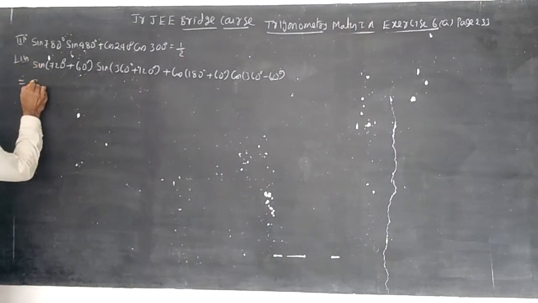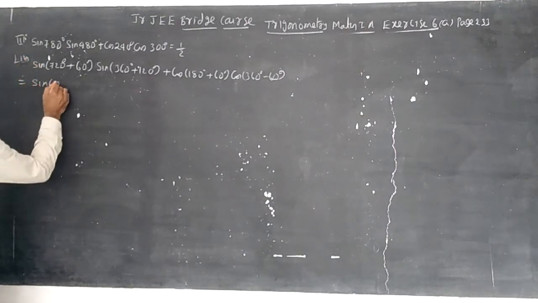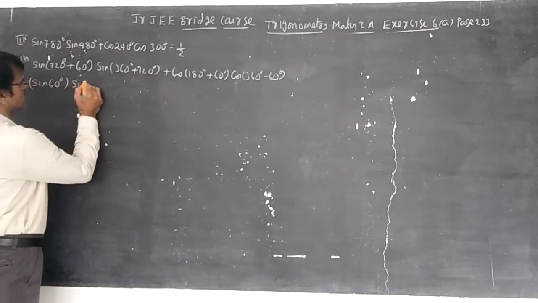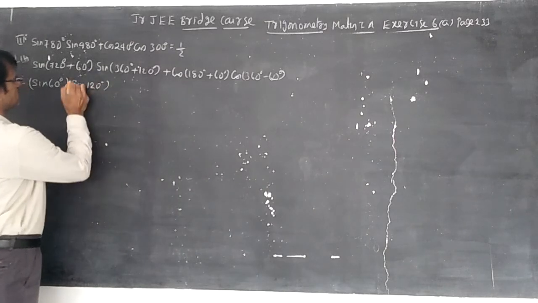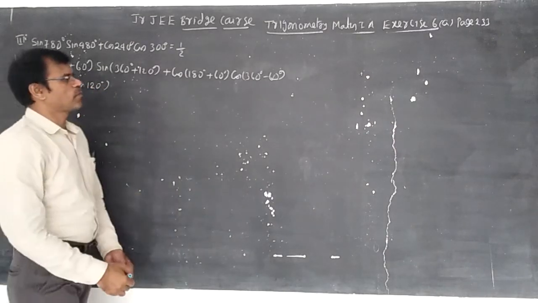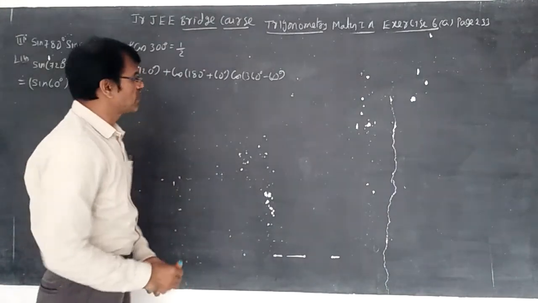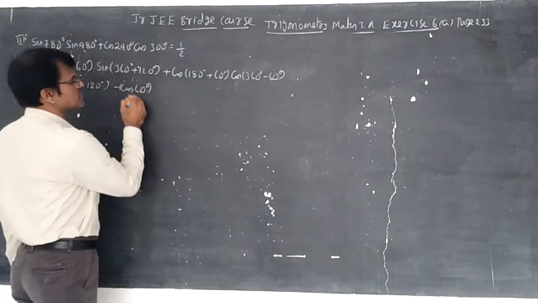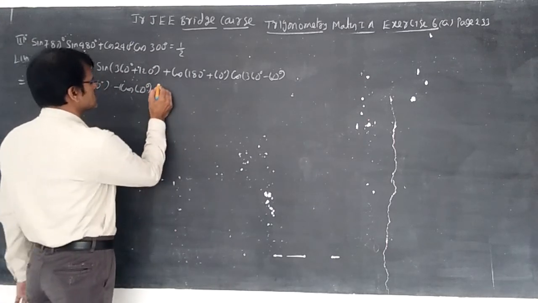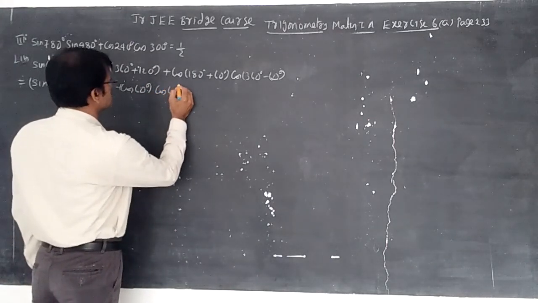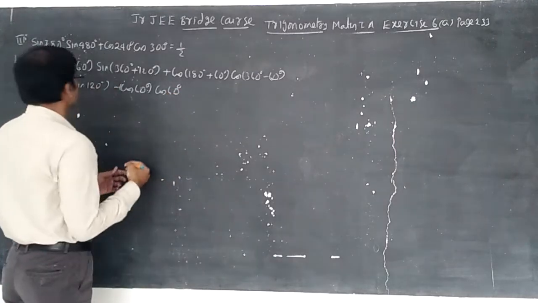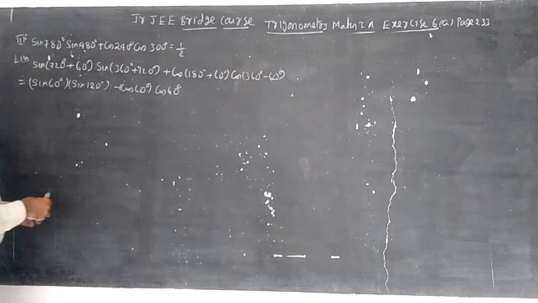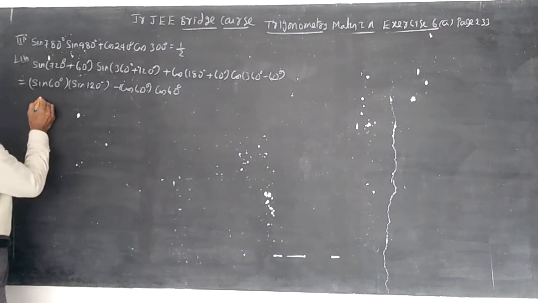Sin 720 is nothing but 0. So sin 60. Sin 360 is also nothing but 0. This is sin 120. Cos 180 plus 60. Cos 180 plus theta means minus cos theta. So it is minus cos 60 into cos 360 minus 60, which is cos theta simply. So it is cos 60. Sin 60 cos 60, you can write the values.